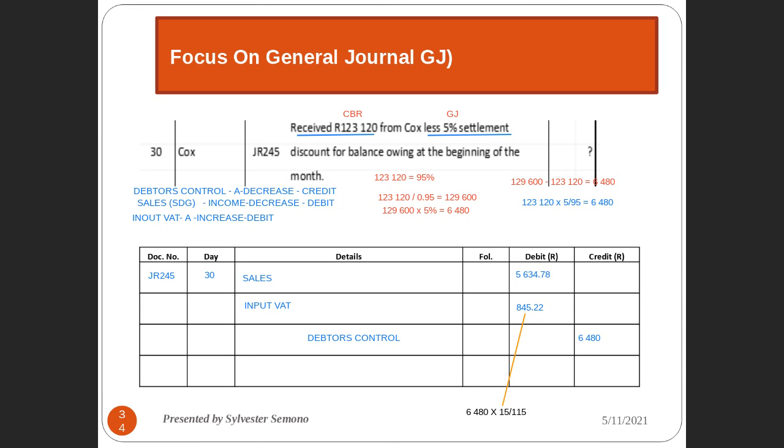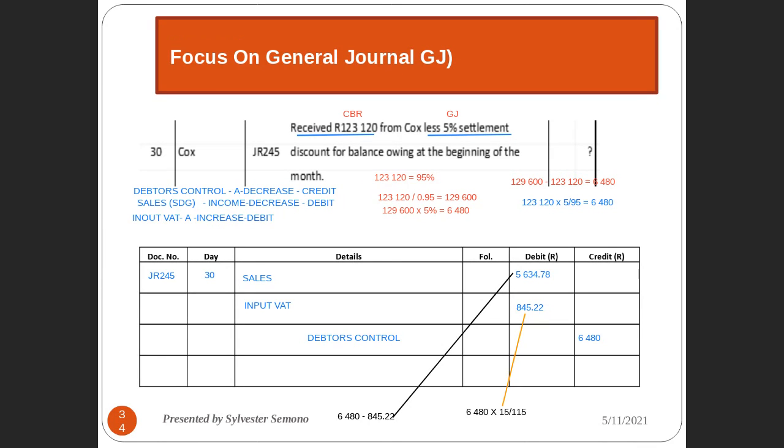I don't know if your lecturer showed you this method or the other method. And for this one, we said 6480 minus 845.22. Are you okay? Let me know if you're okay there with that.